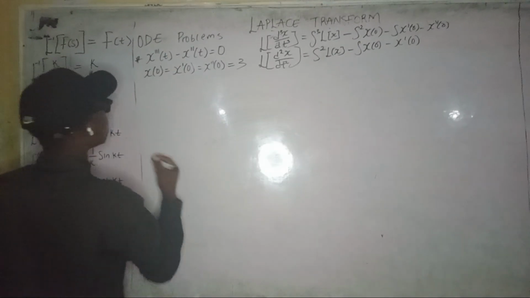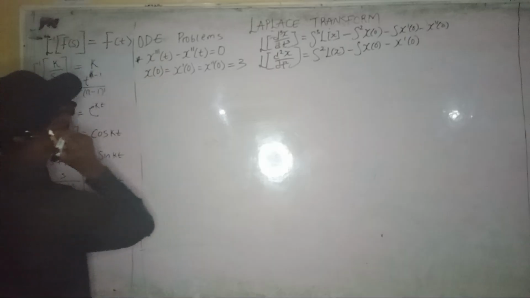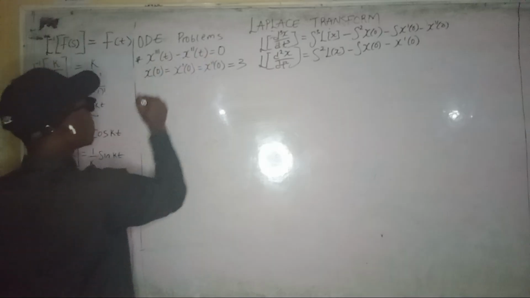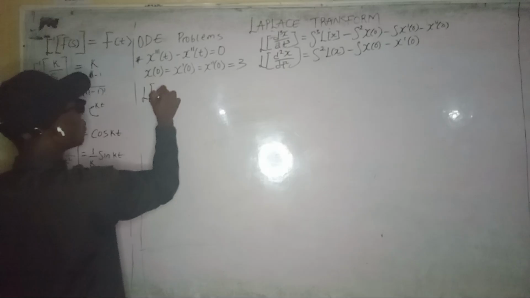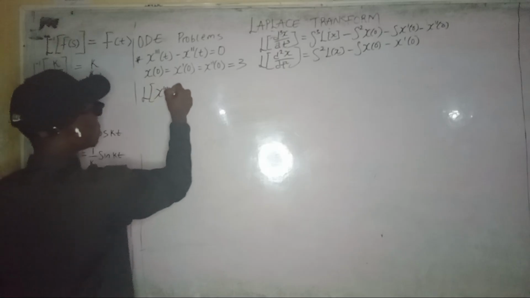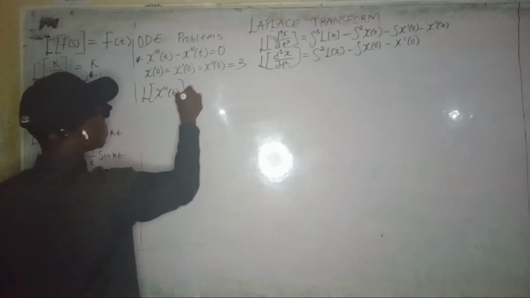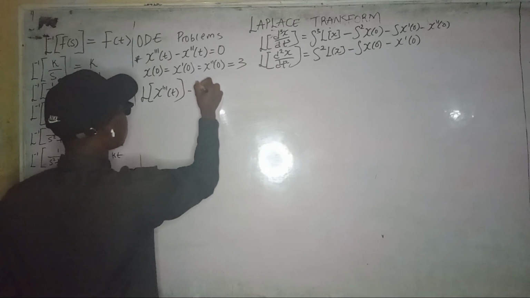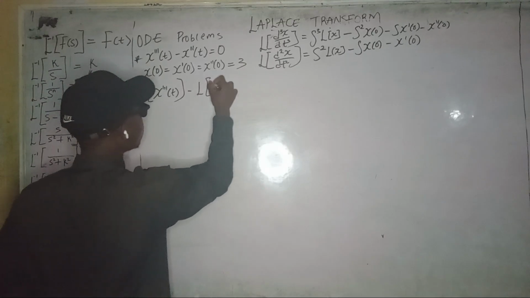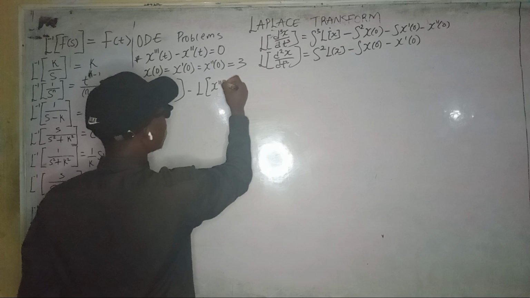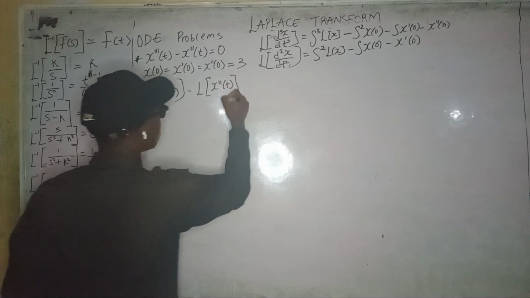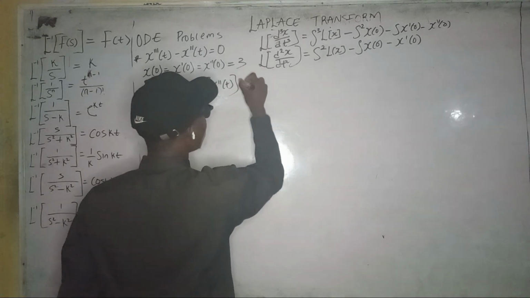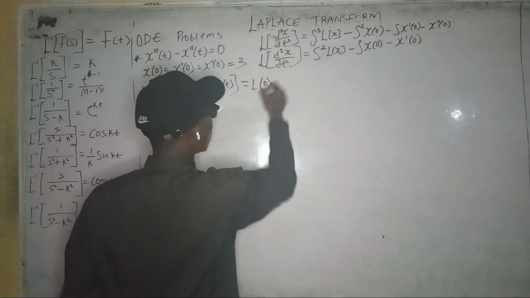Now, when we are going to solve this, we first take the Laplace transform of x triple prime of t, minus the Laplace transform of x double prime of t, and so on, equals the Laplace transform of 0.